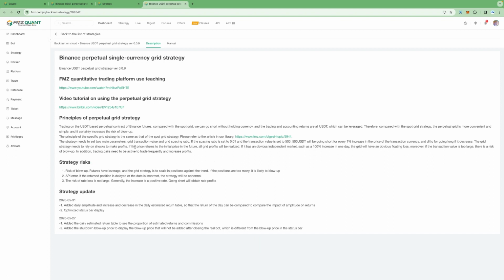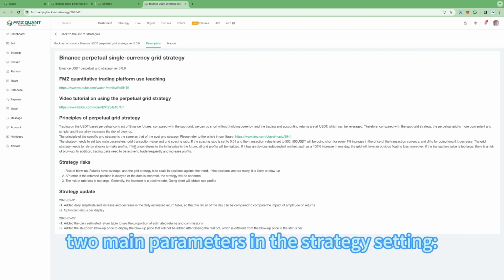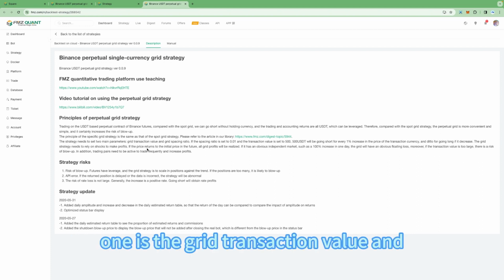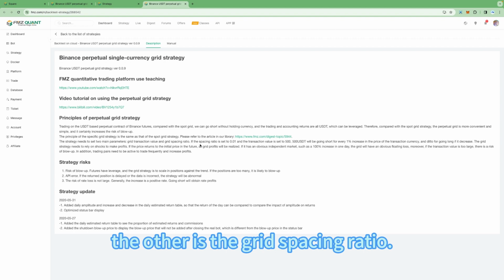There are two main parameters in the strategy settings. One is the grid transaction value and the other is the grid spacing ratio.